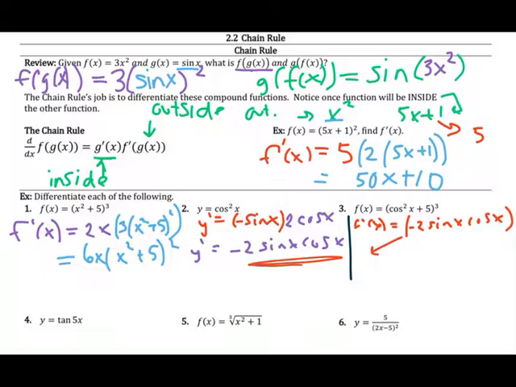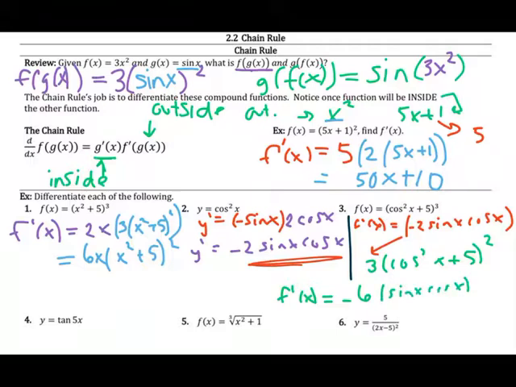Now we're going to multiply that by the derivative of the outside, which is 3 times (cosine squared x plus 5) squared. So let's see if I can fit this all on here. Since this is all being multiplied, the derivative is going to be negative 6 times sine x cosine x times (cosine squared x plus 5) quantity squared.